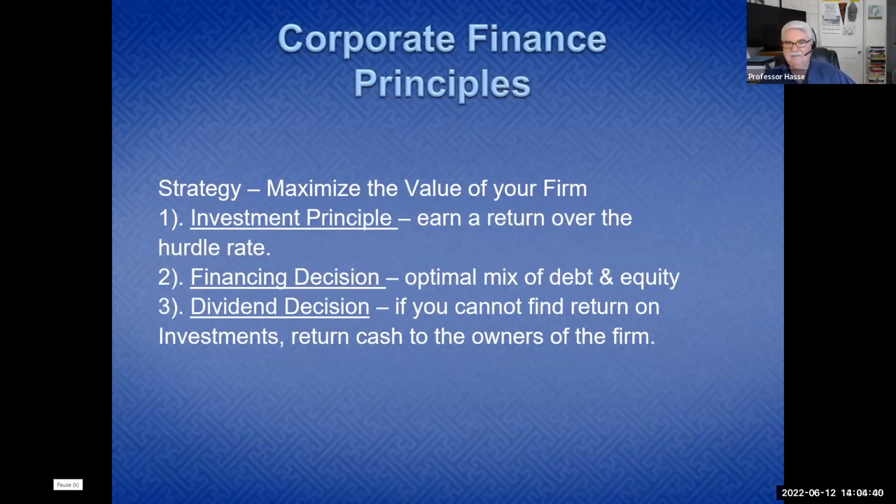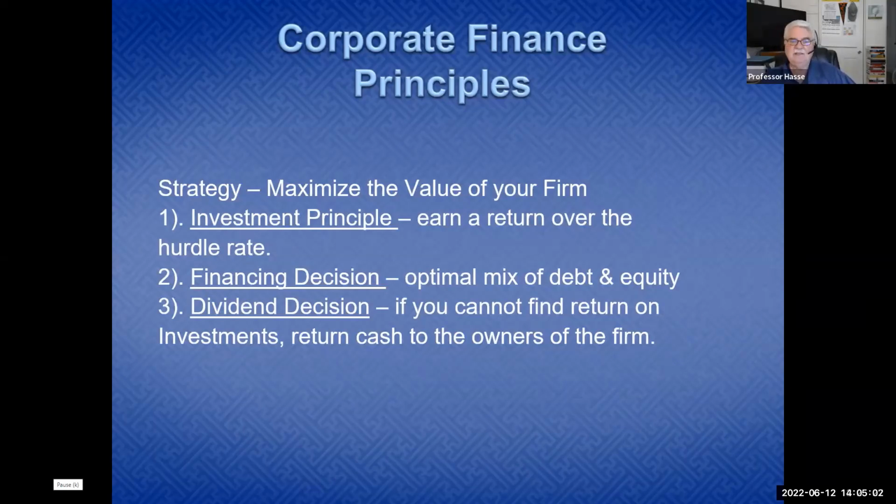Because debt, though cheaper than equity in cost, is influenced by the credit of your company, your credit rating. If you have bad credit, it might be very expensive to borrow money. So we're going to talk a lot about that in this class, that mix of debt and equity that finances a company.